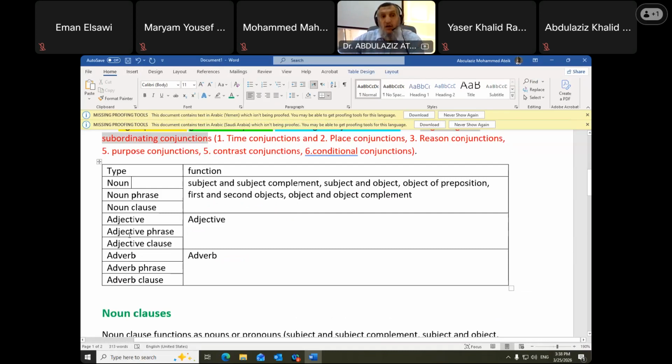So remember, noun word, if it is one word, okay, this is type. So when you say the word noun, this is type. Noun means one word straight away. Noun means one word, but the function can be subject, subject complement, object one, object two, object of preposition, object and object complement.